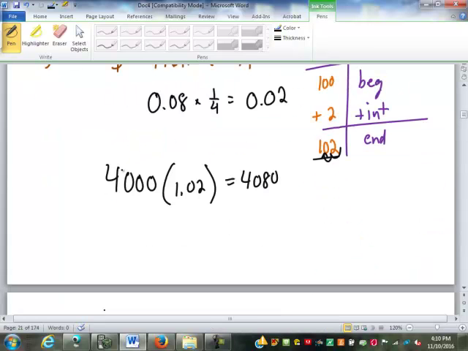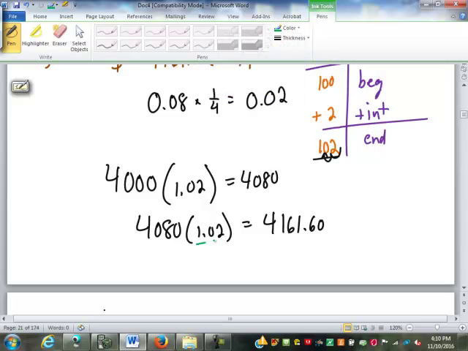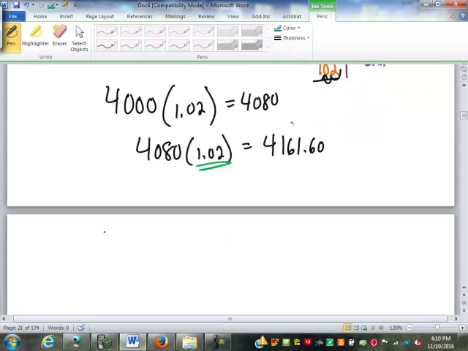And then we can take that times 1.02 again, 102%. 4,161.60. How many times am I going to multiply by 1.02? Still 12 times, right? So basically I'm taking 4,000, I'm multiplying by 1.02 12 times.